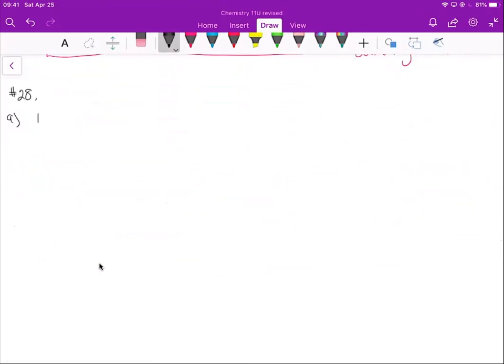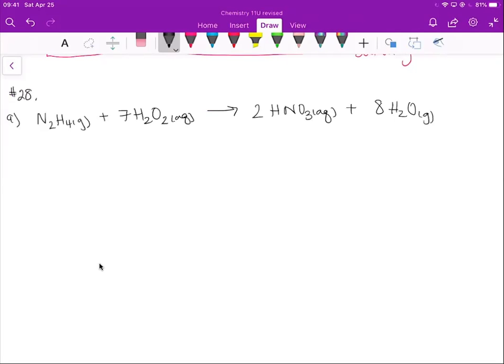I completely forget what this is called, but I know that we're mixing it with hydrogen peroxide to get, do you remember the name of this? Nitric acid and water.